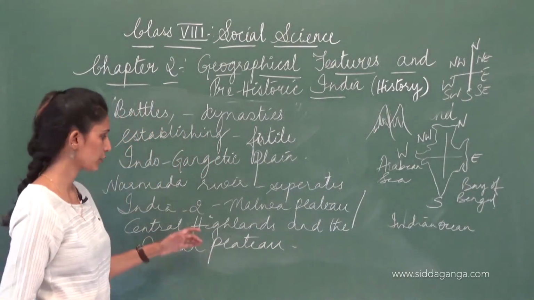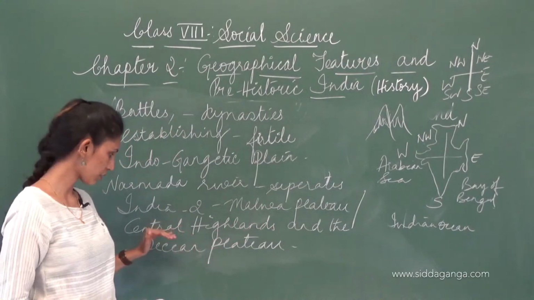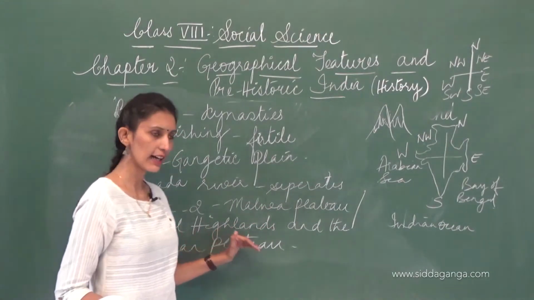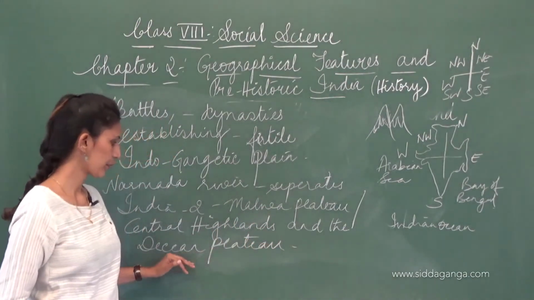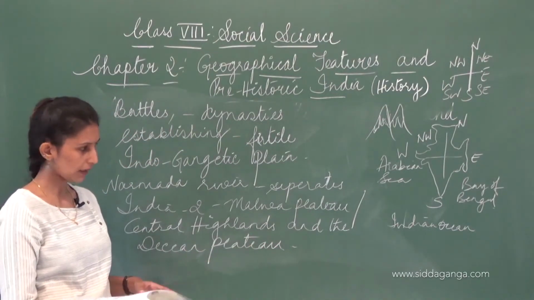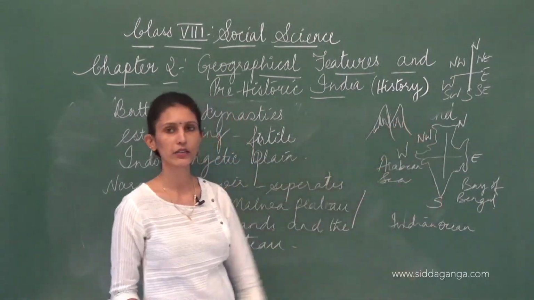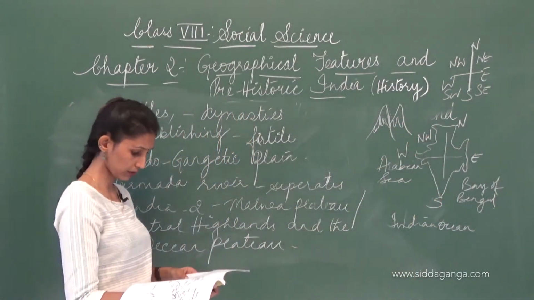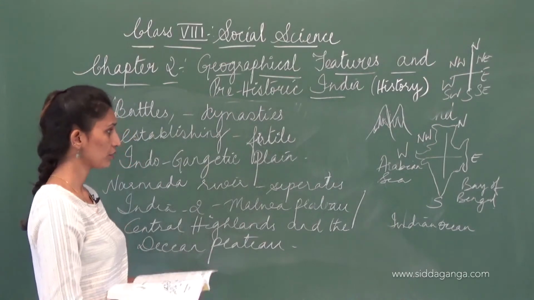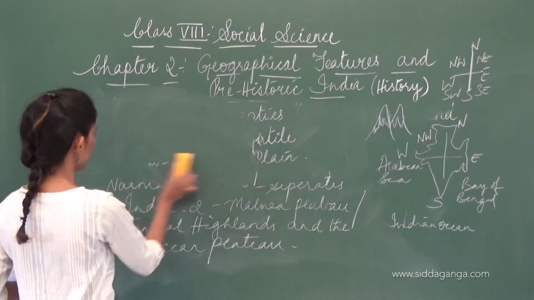What is Narmada River doing? Narmada River is splitting India into two, that is the Malwa Plateau, which is also called the Central Highlands, and then it is separating the other part, that is the Deccan Plateau. Okay, Deccan Plateau is on this side, so Malwa Plateau is on the top.